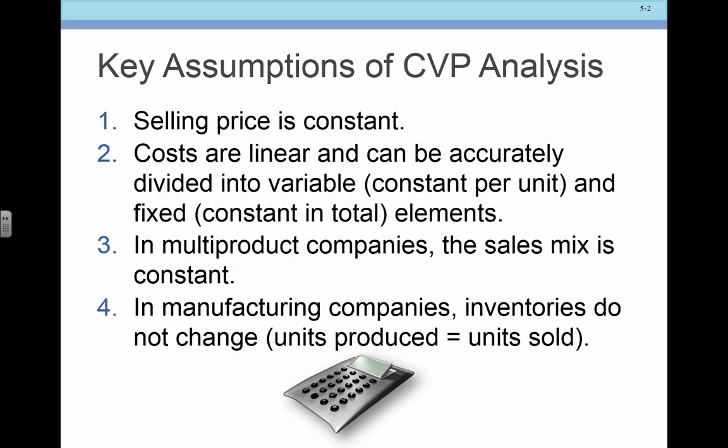Fixed costs remain the same in total. And do we really break fixed costs into a per unit basis? Not really. And the mixed costs, we can break into both.